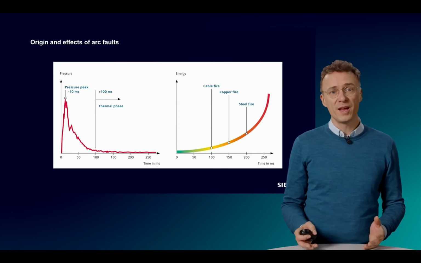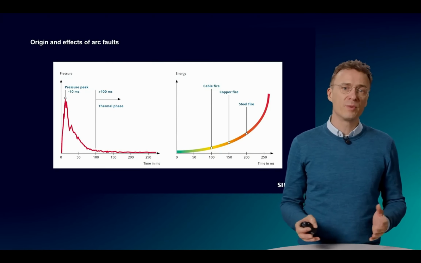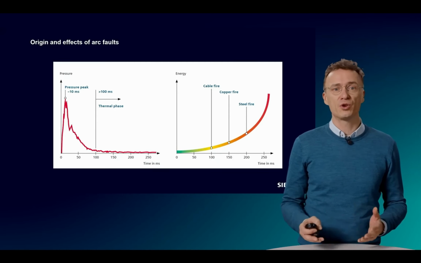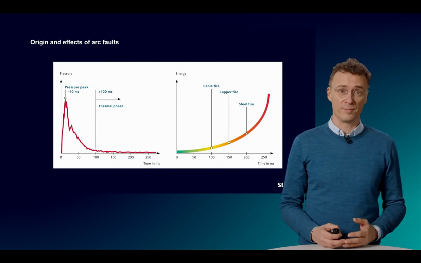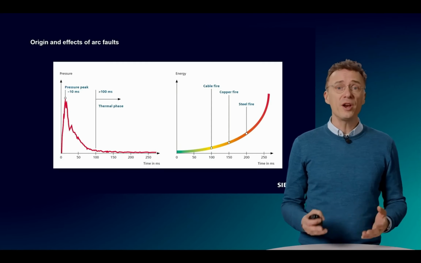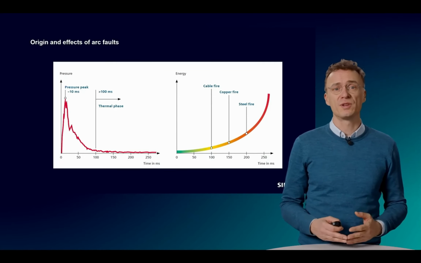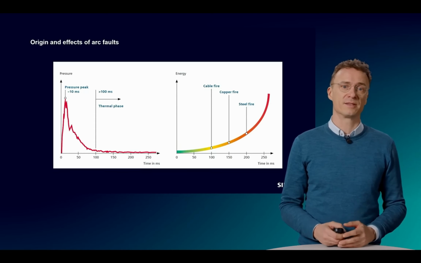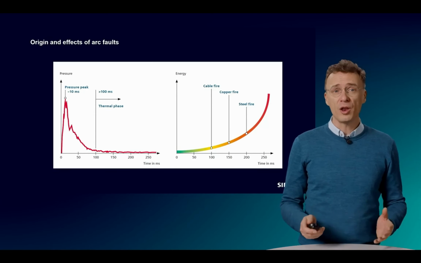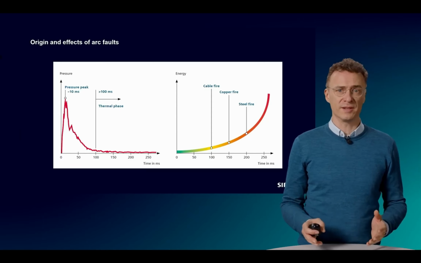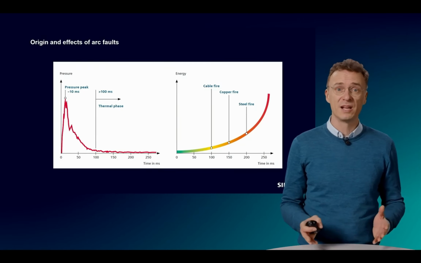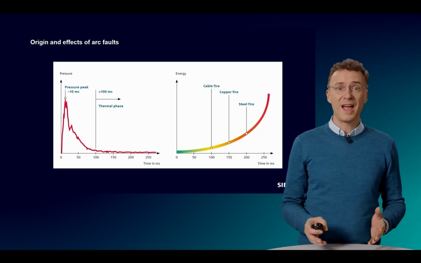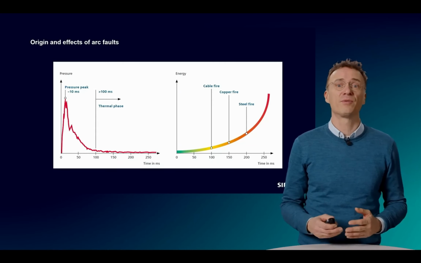Next, the copper, and after some 200 milliseconds, the steel of the enclosure can also start to burn. The burning materials may also produce toxic fumes that should not be inhaled under any circumstances. All in all, this is a very dangerous event, which can ultimately lead to serious, possibly even fatal, injuries to people and, of course, damage of electrical facilities.